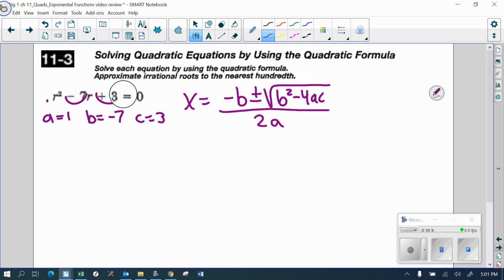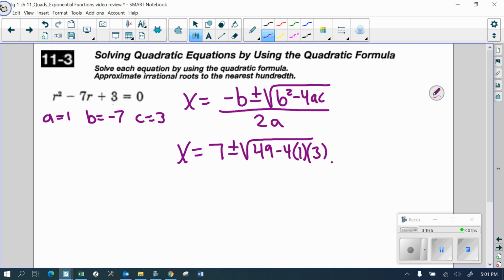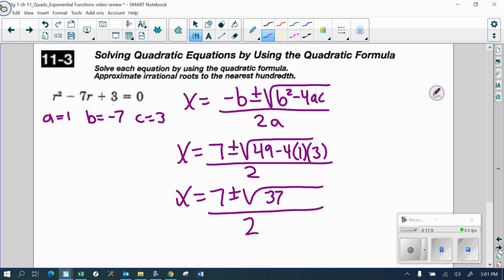Now I'll go ahead and erase that so you can see it again. Now I just plug it in. x equals -b, which is +7, plus or minus the square root of b squared, 49, minus 4ac, all over 2a. 7 plus or minus the square root of 49 minus 12, which is 37, over 2.